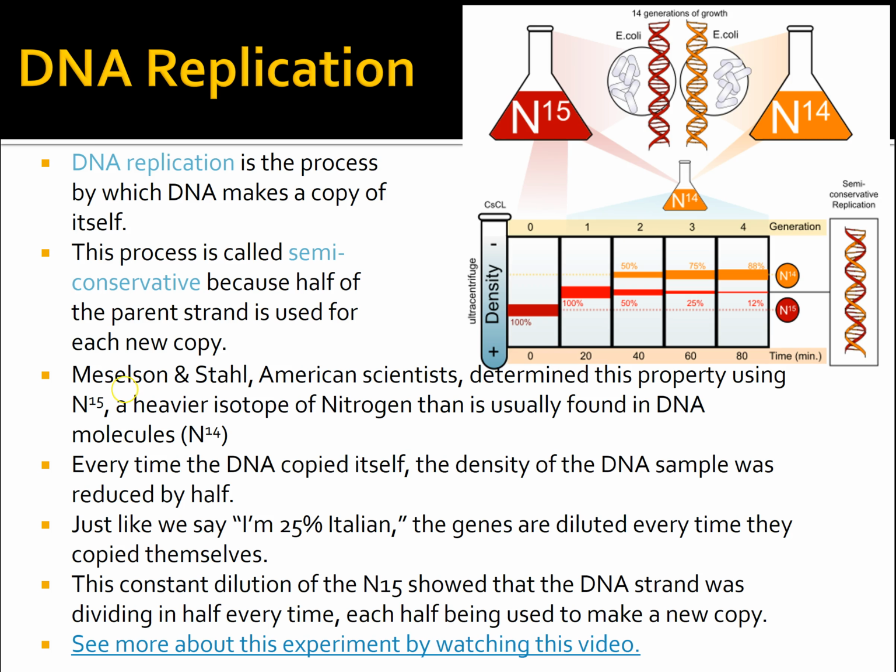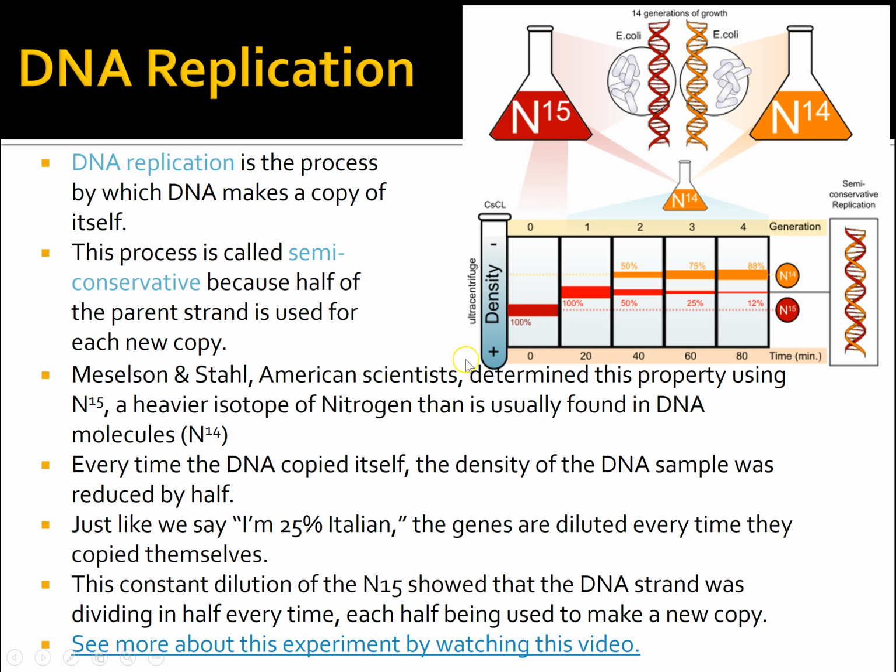So every time the DNA copied itself, the density of the DNA sample was reduced by half. So they started with a heavy, dense molecule. Originally, the density was high. It was a heavy molecule because they had marked all the nitrogen in those bases.